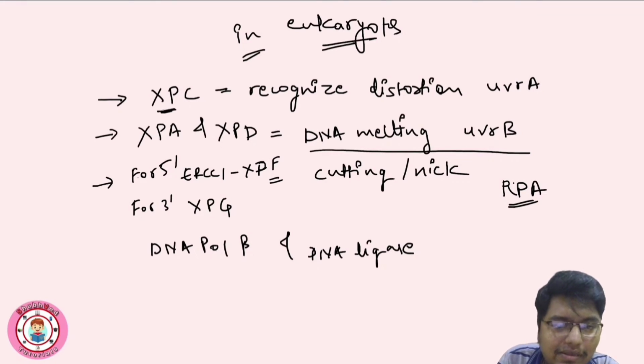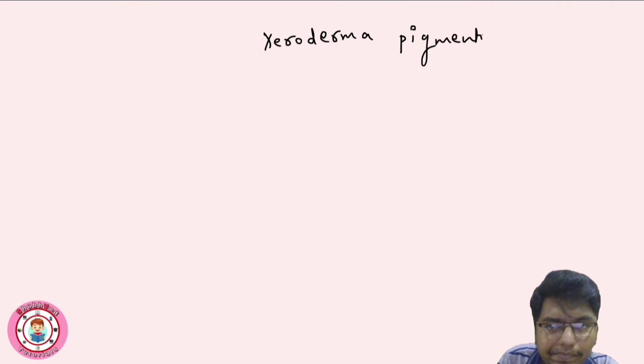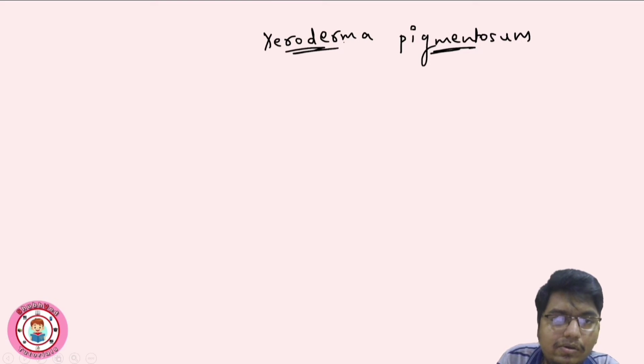What is XP? XP is a disorder caused in humans, Xeroderma pigmentosum. As well as XP, there are the UVR proteins.